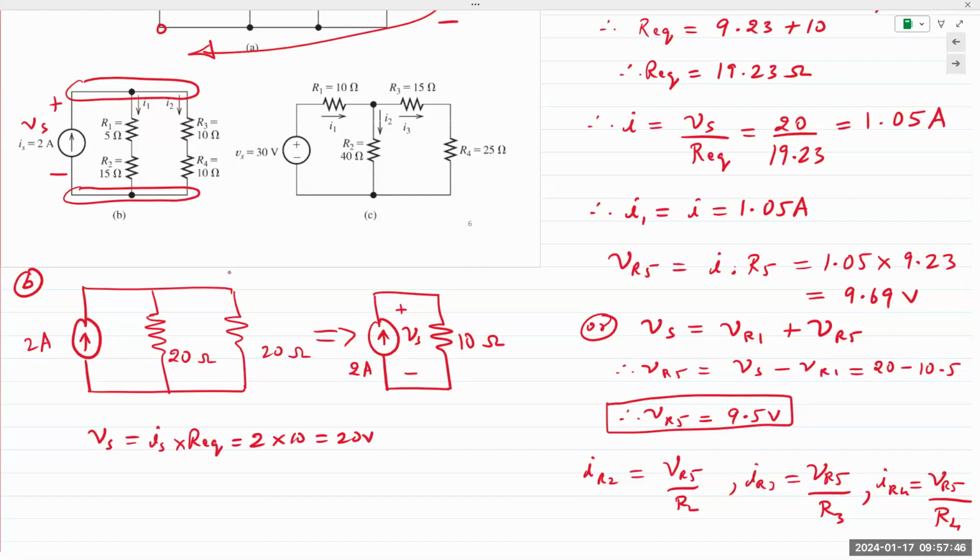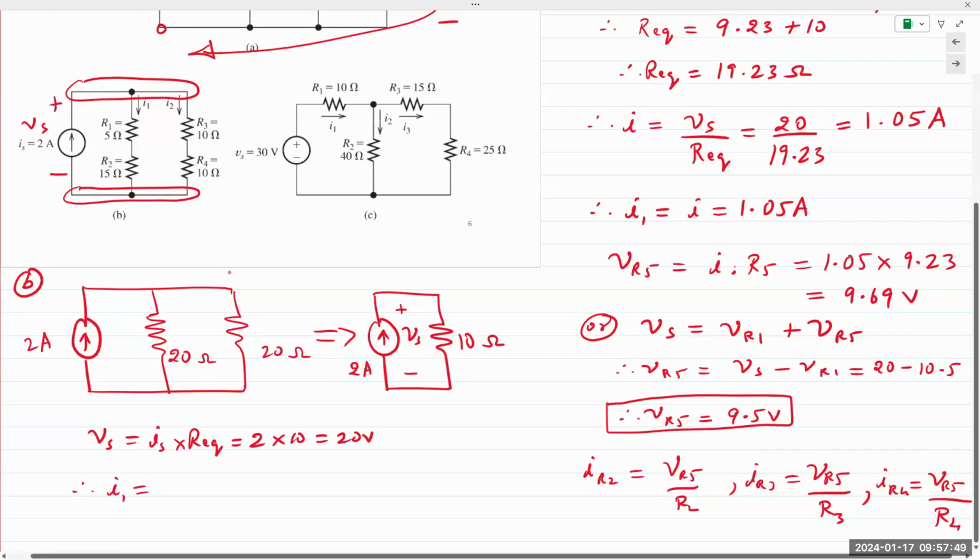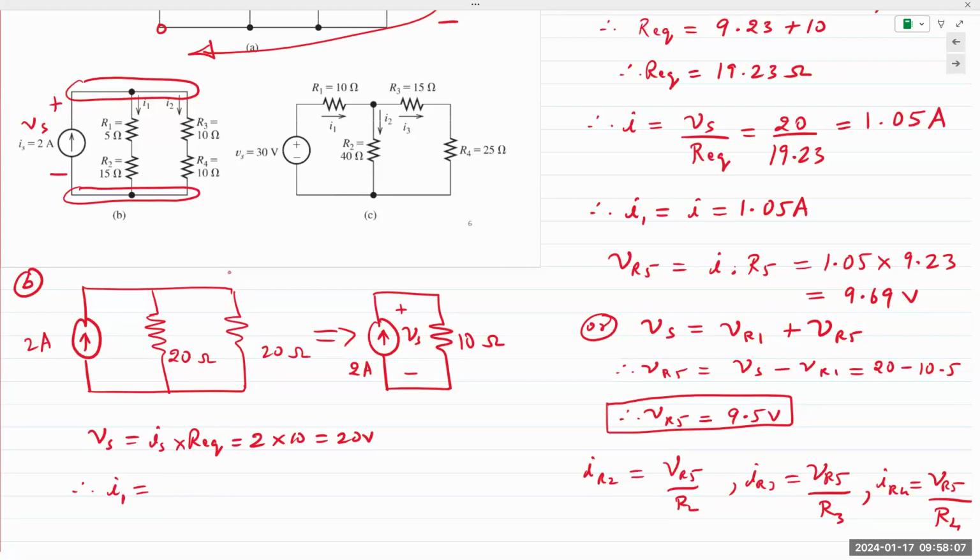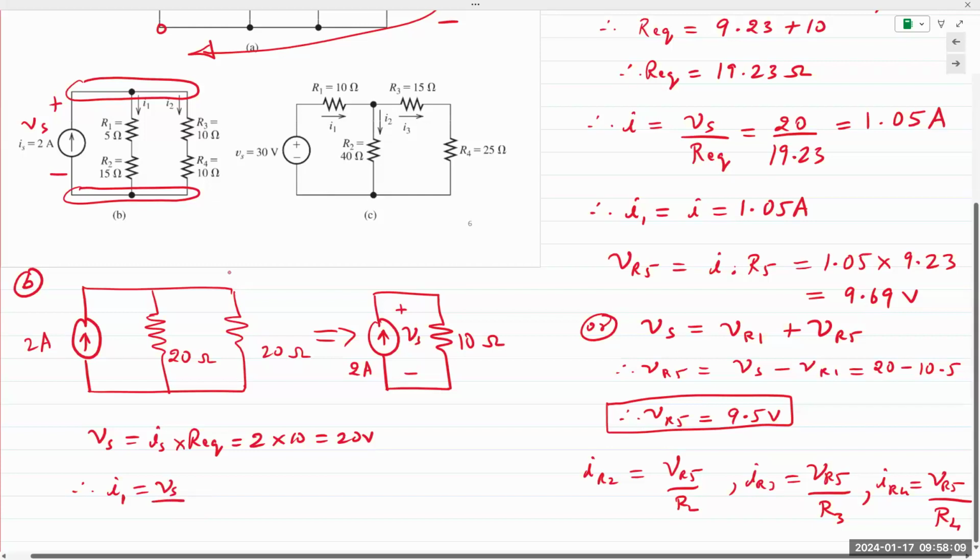So my I1 is 20 divided by 20, gives me 1 amp. And I2 is also 1 amp. Let's call this R5 and R6.